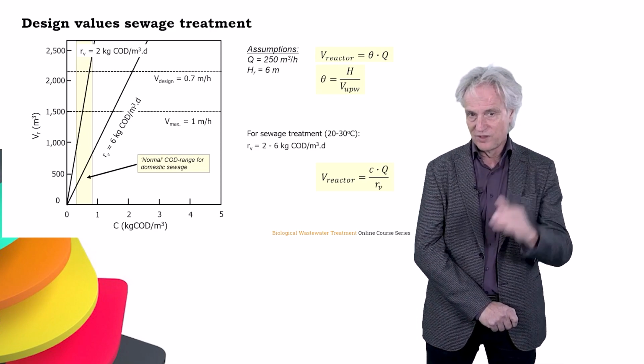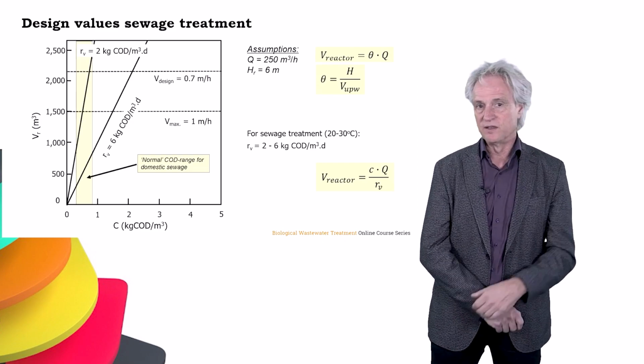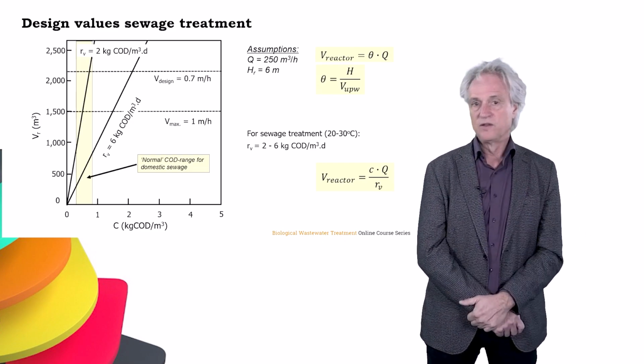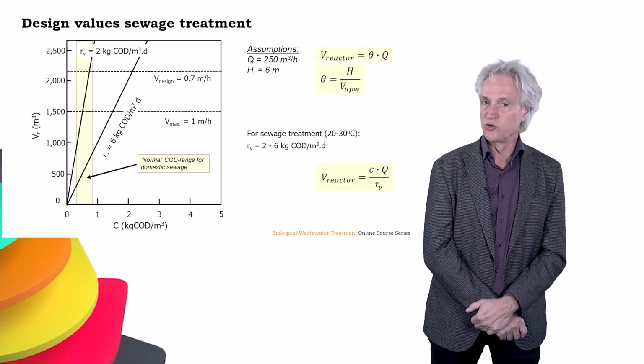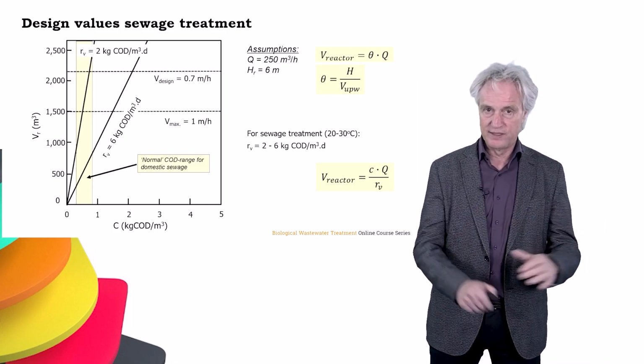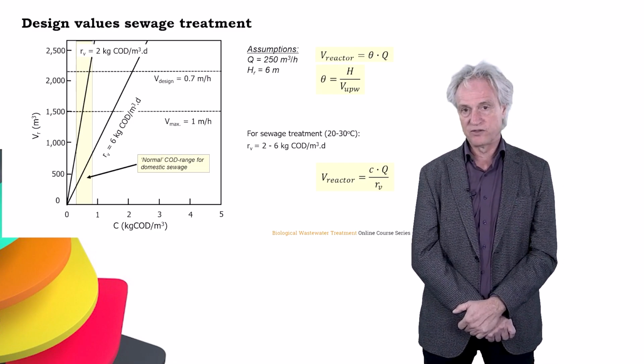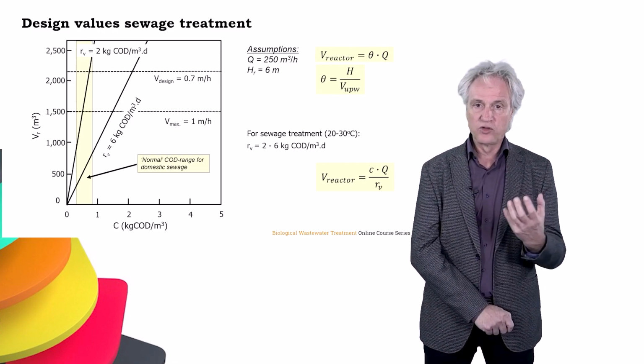However, if the concentration goes to 500 milligram per liter, then the volumetric sizing is completely dependent on the upflow velocity and not on the organic loading capacity. And that is important to understand.